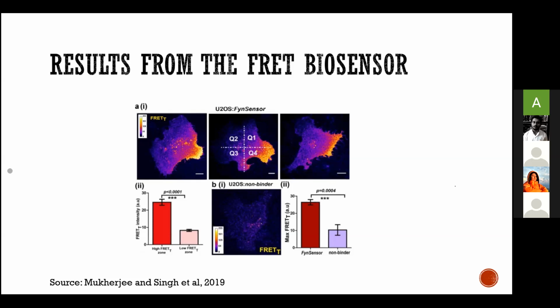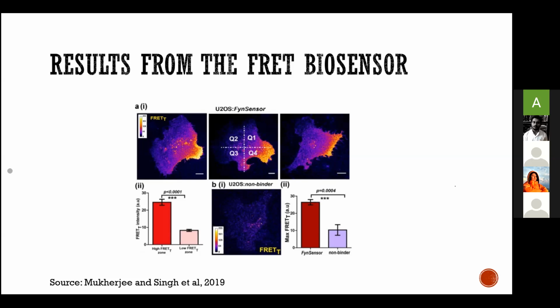So all of that aside, if we start at the point where we have a biosensor and a non-binder, you put it in E. coli and further propagate it.